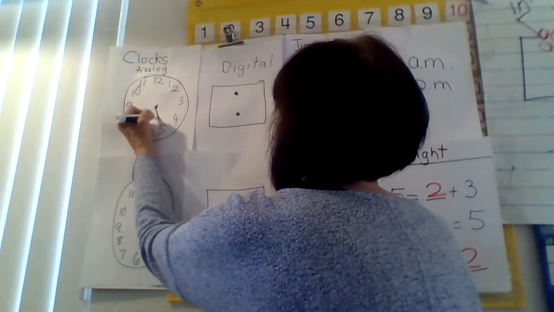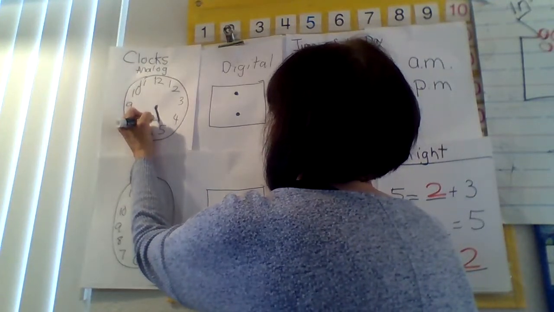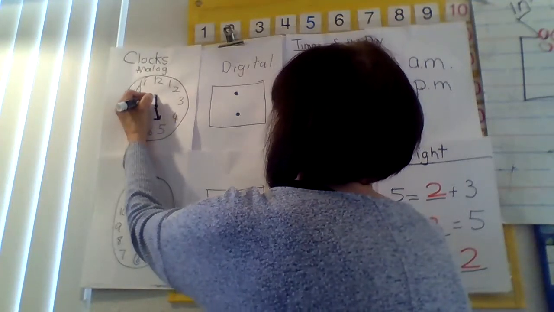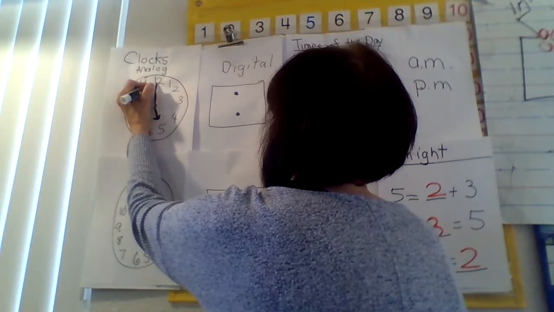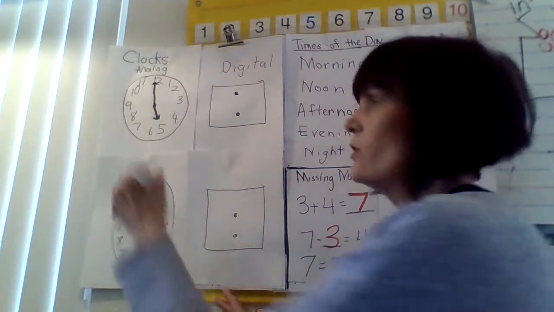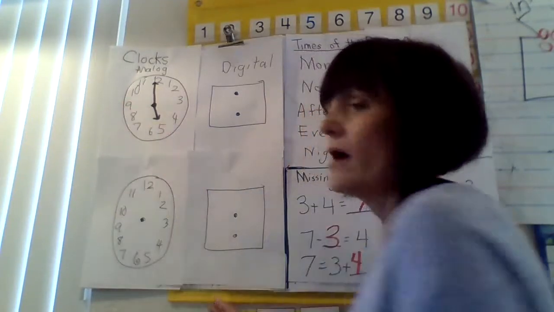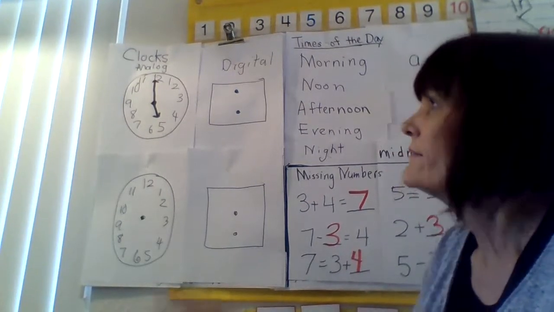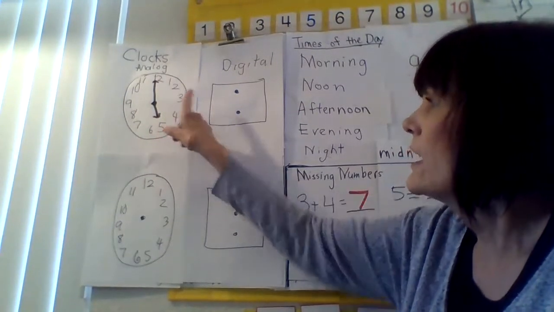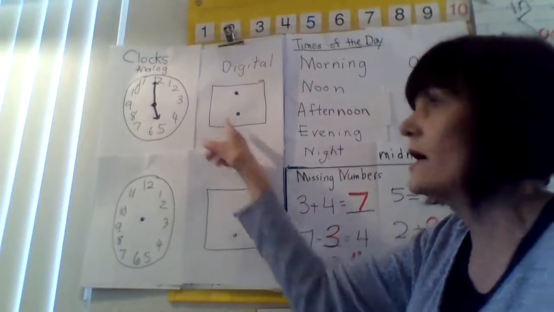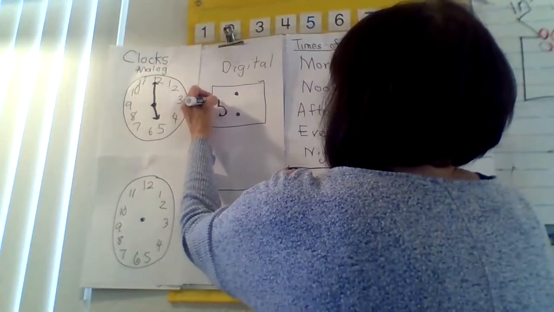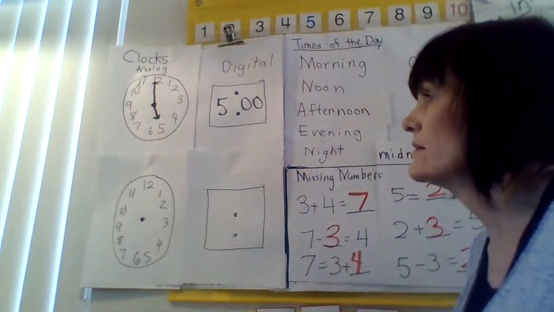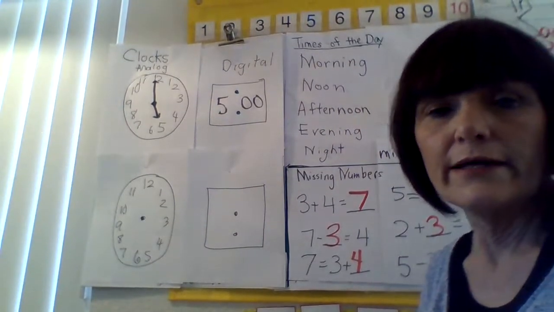So I'm going to draw the hour hand, pointing straight to the 5 and going straight up to the 12 with the minute hand. Did you notice how much longer my hour hand is than my minute hand? This is an analog clock. I'm going to write the digital time here. 5 o'clock. All right.